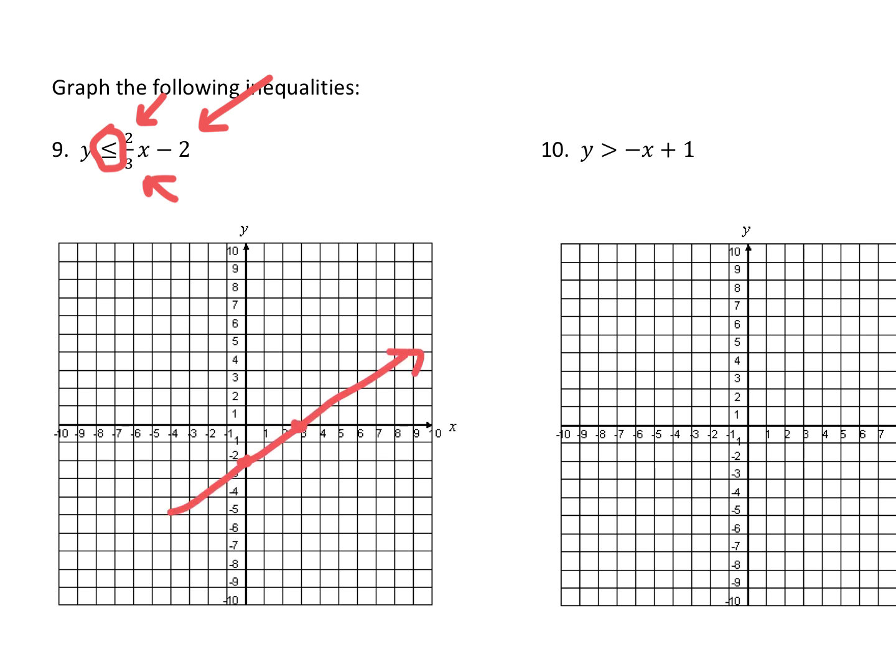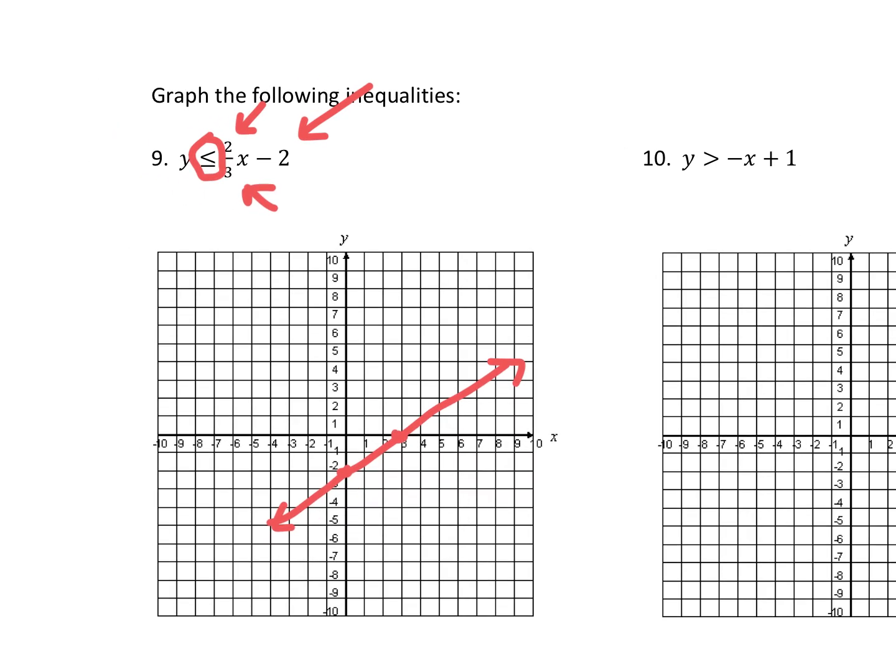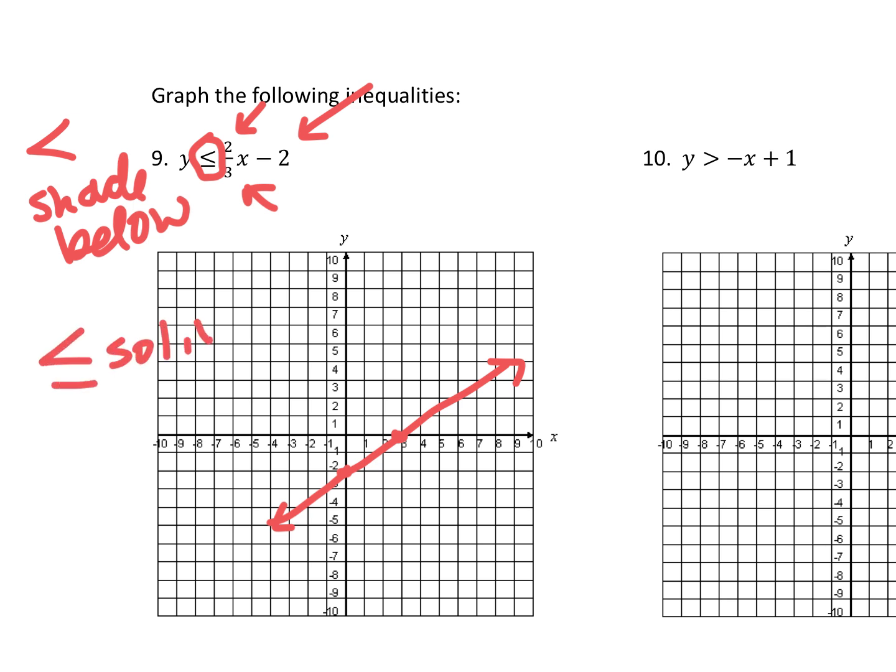But then, do you remember this thing where if it's less than, you shade below? Less than, you shade below. And if it's a solid line versus a dotted, that kind, solid line. This kind, dotted line.